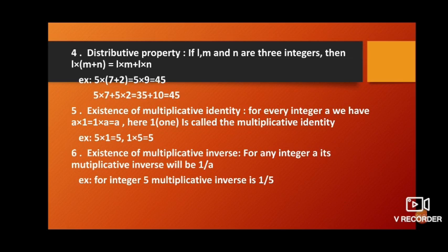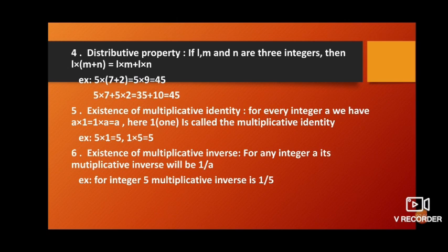For example, a into 1 is a, and 1 into a is a. And 5 into 1 is 5, 1000 into 1 is 1000, minus 1000 into 1 is minus 1000. If you multiply with 1, you will get the same number. So here 1 is called the multiplicative identity.